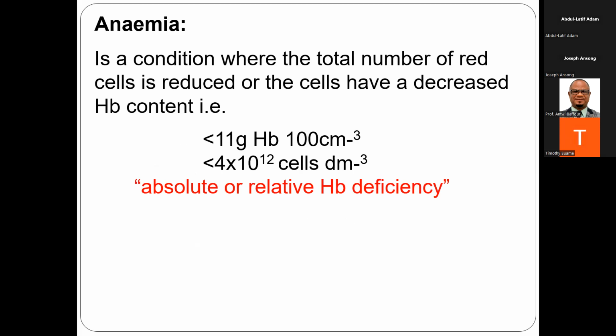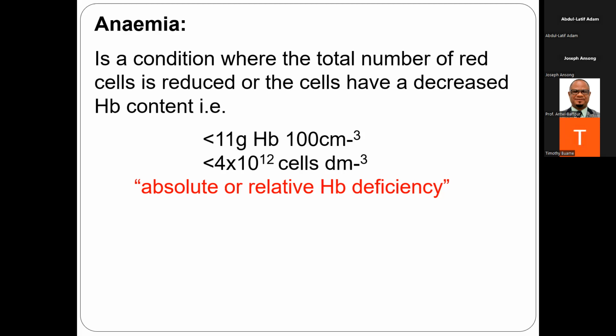In terms of anemia, we say that any situation where the total number of red cells is reduced, or the cell's hemoglobin content is reduced, or the packed cell volume is reduced, it is termed anemia. And by this, we are looking at hemoglobin of less than 11 grams or total white cell count of less than 4 times 10 to the power 12.